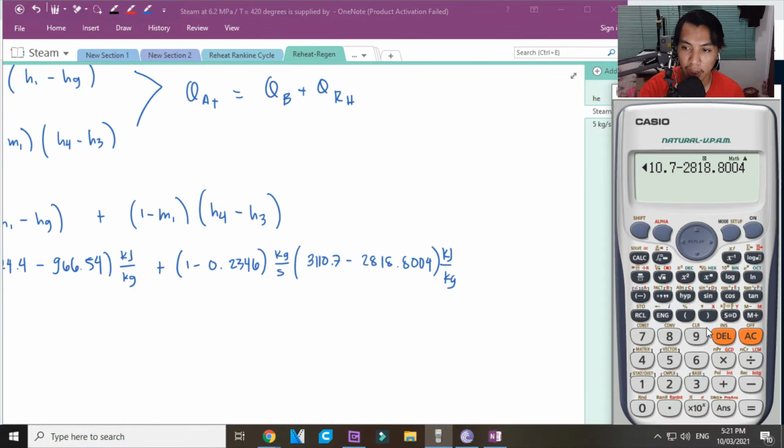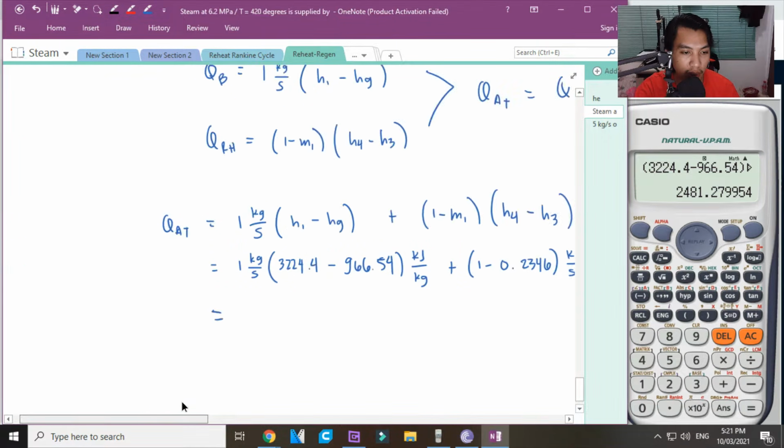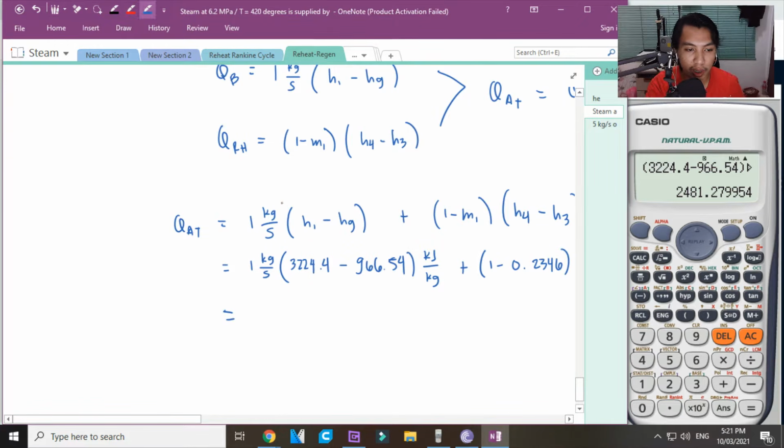Yan. The answer will be the total heat added 2481. That is 2481.28 na lang kilowatts of total heat.